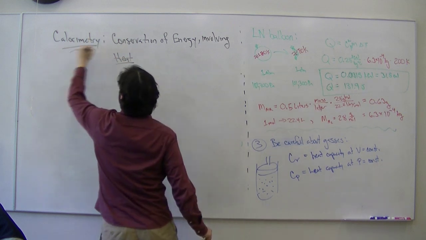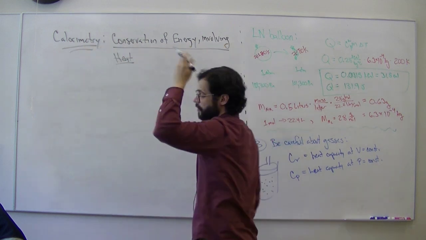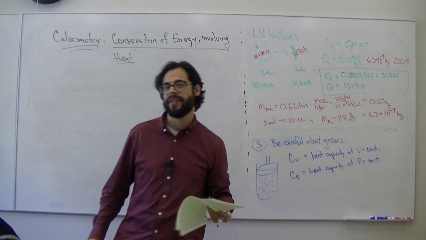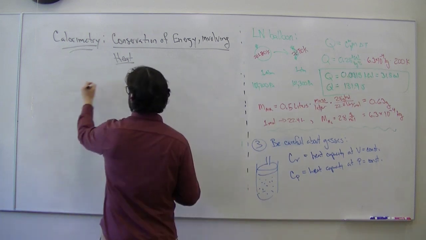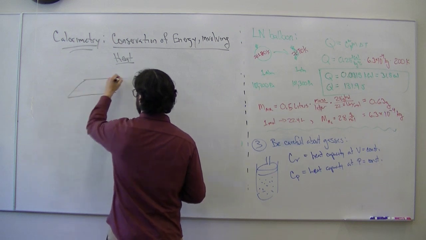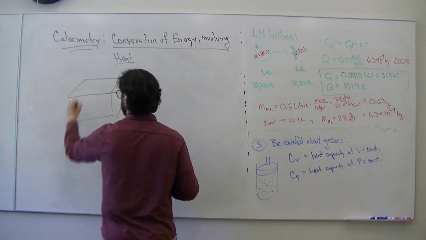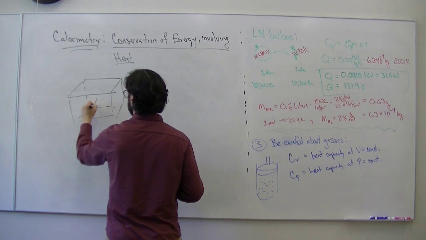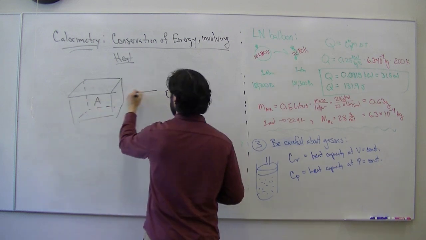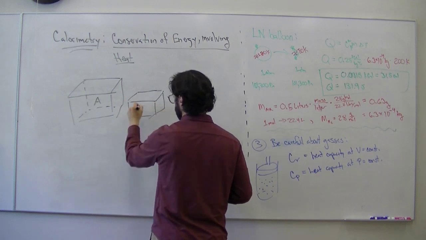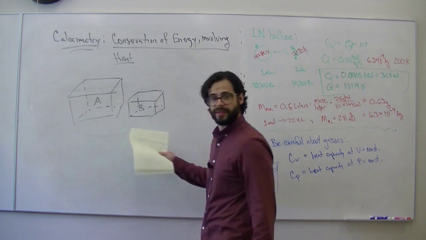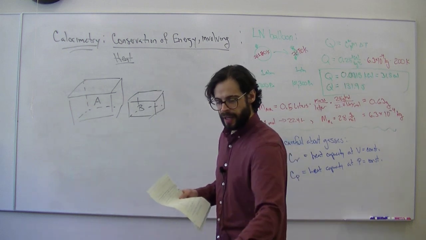And what distinguishes calorimetry from other conservation of energy problems is really that we just include heat. Okay. So let's imagine that I have two systems, system A and system B. Our next big topic is talking about the details of how they would actually do this, whether they exchange photons or I get them to touch or whatever.